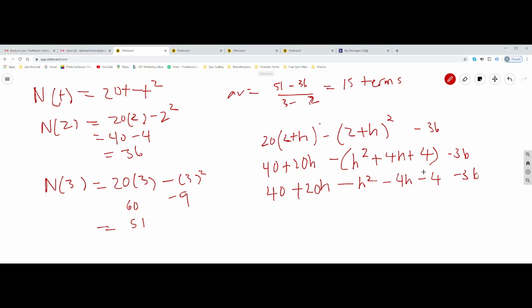So the 40s cancel and you're left with minus h squared plus 16h over h. So factor out the h.